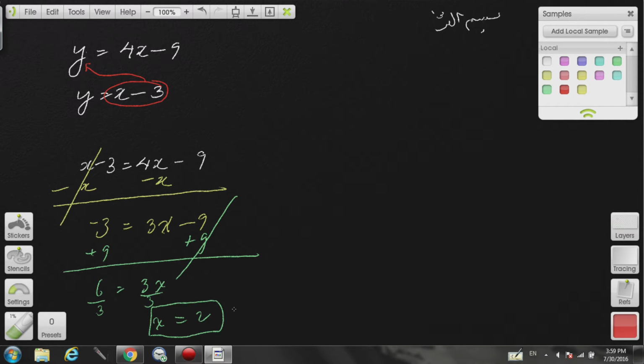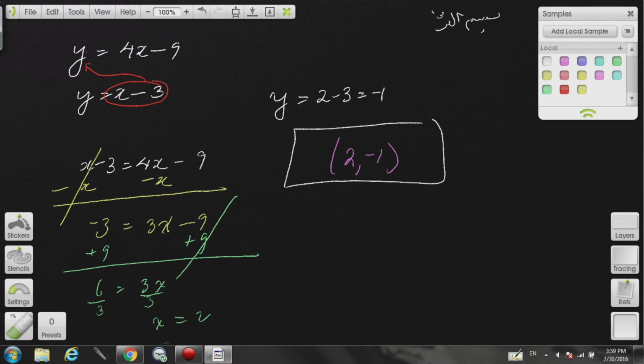Now you know what x is, then you can go back and find y by substituting for x in either one of them, doesn't matter. Okay? I'm going to do it in the bottom one here. So y is going to equal 2 minus 3, which is negative 1. So the solution here is (2, -1). In other words, if you were to graph these two lines, they would meet at (2, -1).